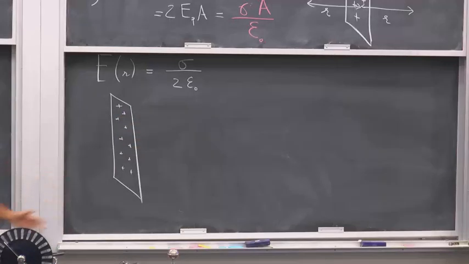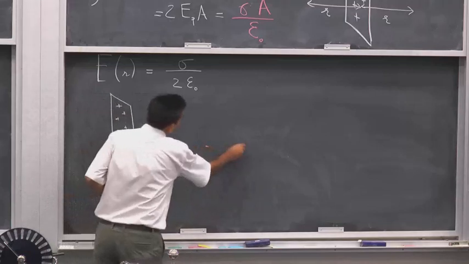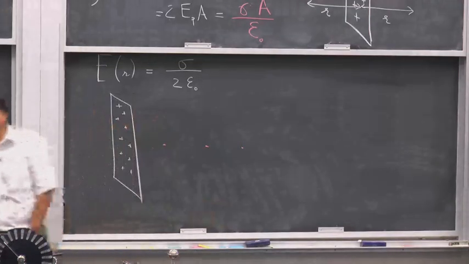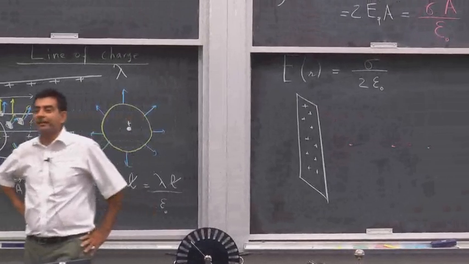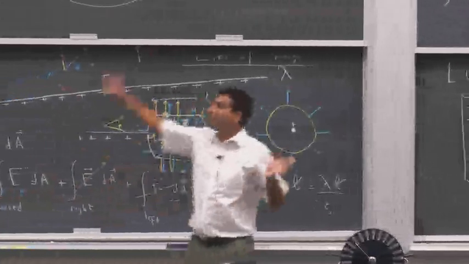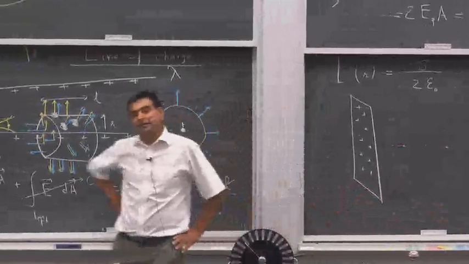It's independent of R. You go further away from this infinite sheet of charge, the electric field doesn't change. It's just a constant. It depends upon the surface charge density. Now, how can that be true? Any ideas? You're moving away from an infinite sheet of charge, the electric field remains constant. How could that be true?